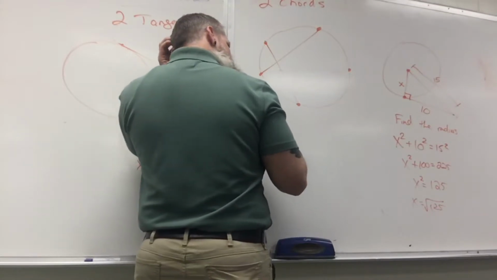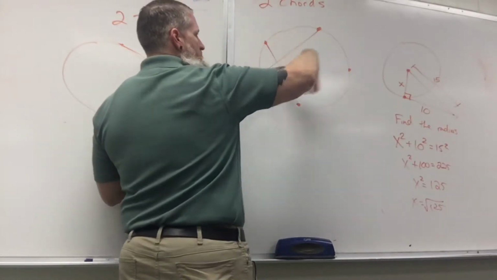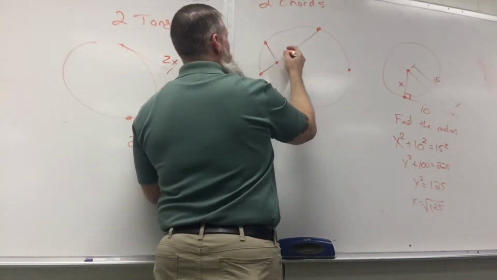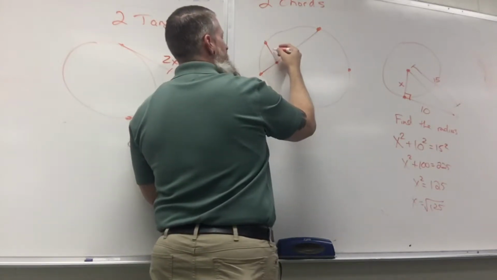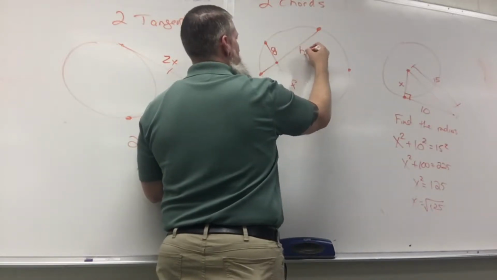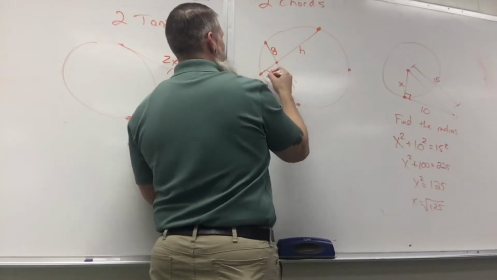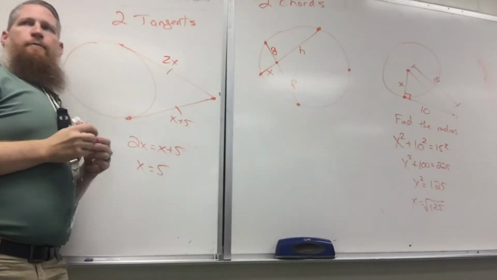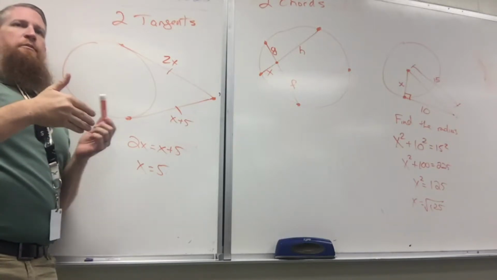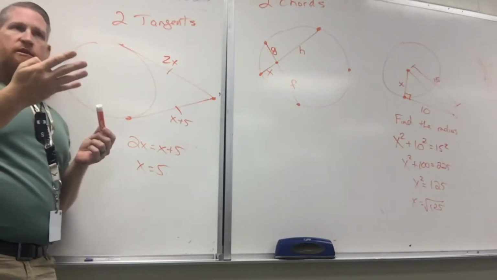Okay, so within this whole drawing, where I've got my two chords crossing, I'm left with, give me a letter. Give me another one. H. And? X. Yeah, sure. Okay, so with my two chords crossed, they're going to intersect each other, and they're going to form four segments.